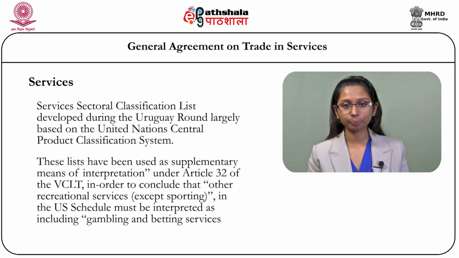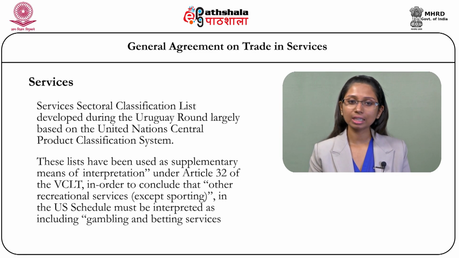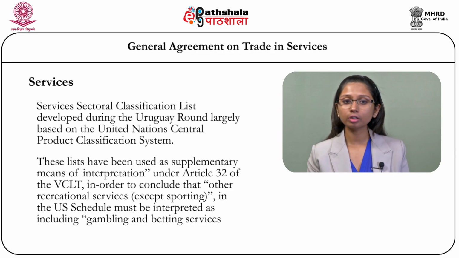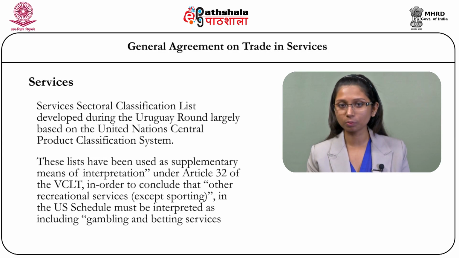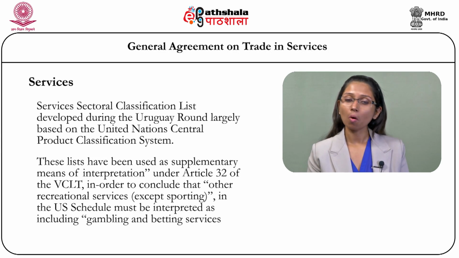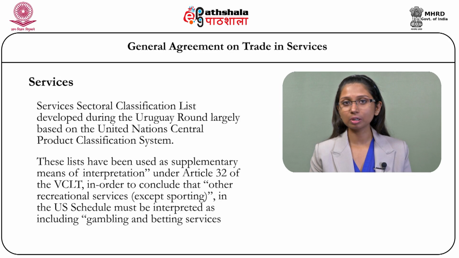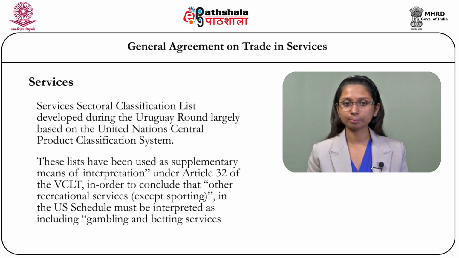panels and appellate body. For example, in the case of US gambling, the meaning of the term other recreational services except sporting in the US schedule was interpreted as including gambling and betting services, placing reliance on the principles of treaty interpretation as flowing from the United Nations Central Product Classification System, where US had made a similar commitment and a similar description of the services.